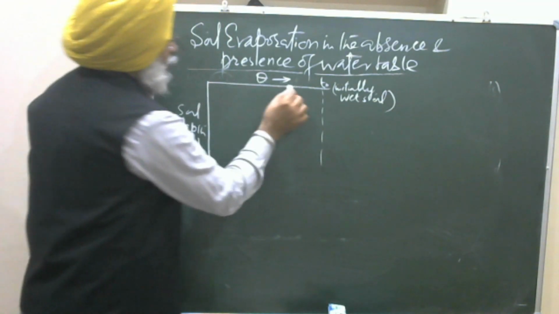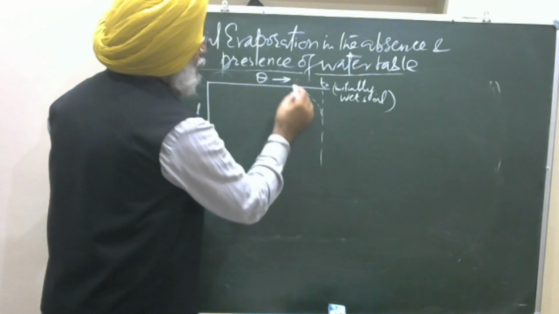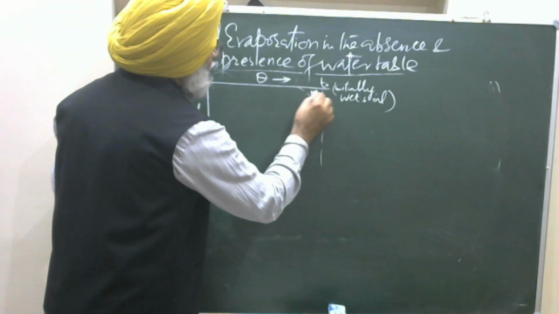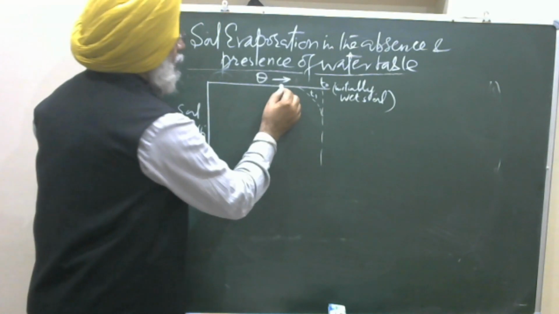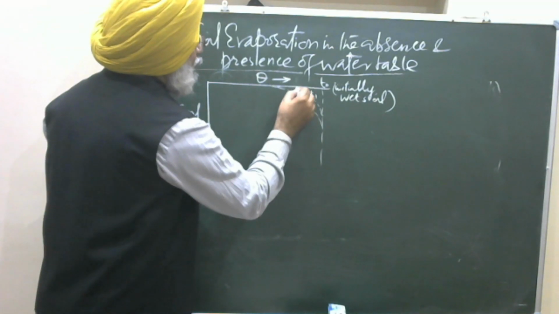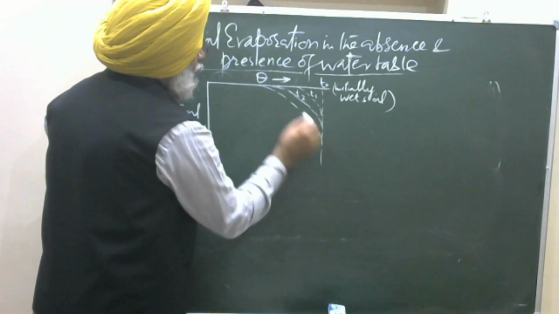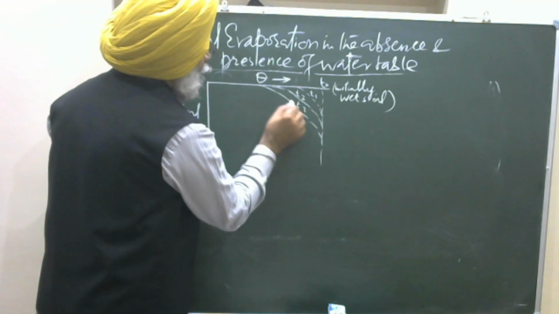Then evaporation starts, the moisture content of the surface decreases, say it's time t1. Then again after some time the moisture content further decreases, it is t2. Then again t3.